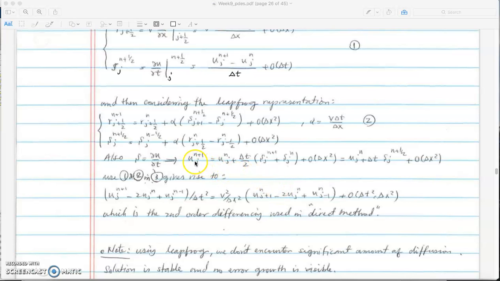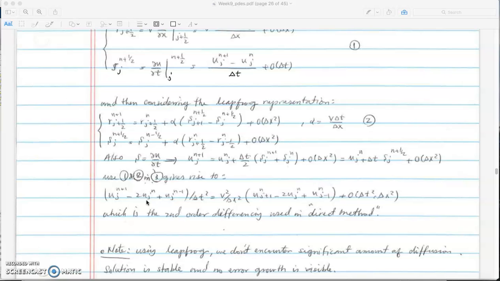Here we have n plus 1 and j equal to unj, and then instead of n plus half and j, we're going to use this equation, where n minus 1 half j, we come back to here, basically. For n plus half and j, we're going to use that, which is another n plus half, and n. We're going to move all the u's to the left side. That's why we get minus 2un here.